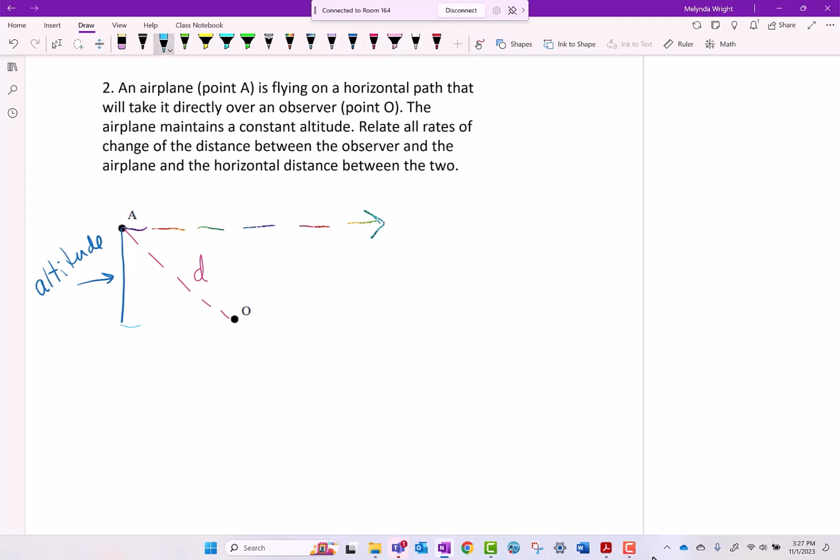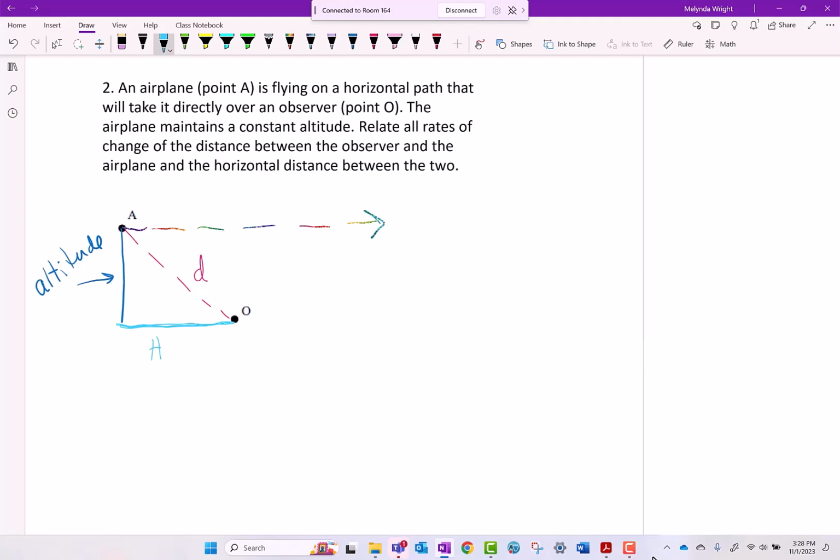This is the horizontal distance between the airplane and the person. I called that H for horizontal distance. I don't know, you can call it whatever you want. Again, I called it H.